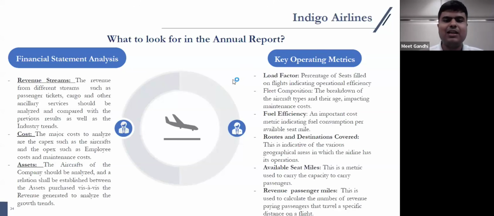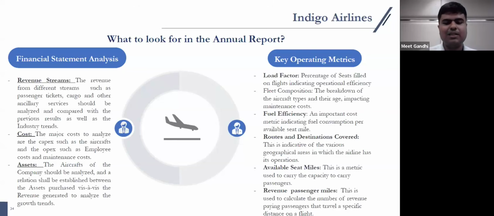We could see how fuel costs are high at some points. For example, when there are wars between nations, how it is reflected in the fuel costs and the fuel efficiency of the airline industry. Is it something very unusual, or is it going with the flow of the industry? We could also check the routes and destinations covered to see how wide the reach of an airline is among domestic and international flights.